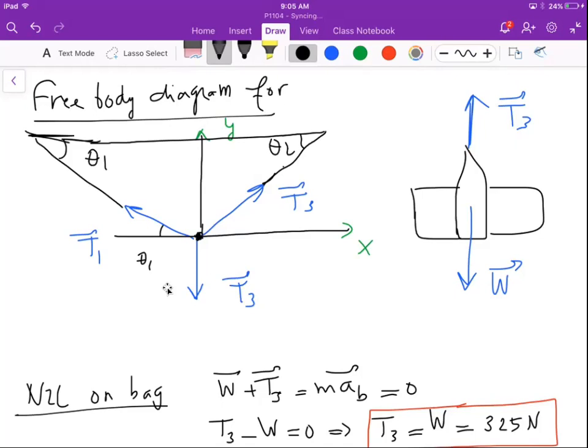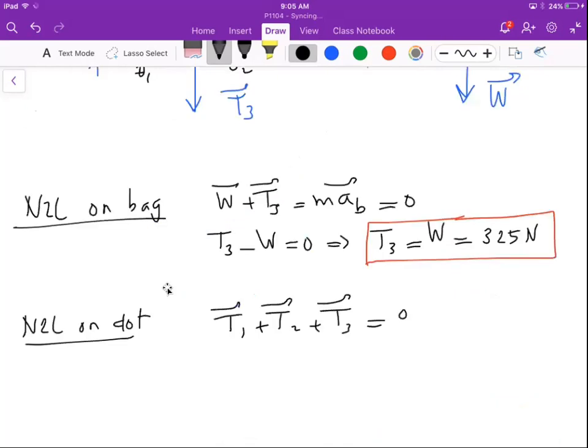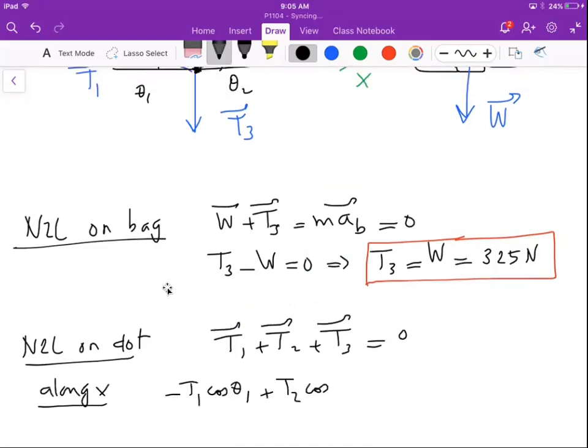On the dot what do we have? Let's say along the x-axis. Along the x-axis, what do we have? T1 is opposite to the direction of x, making an angle theta 1 with x. So minus T1 cosine theta 1 plus T2 cosine theta 2, right? That is equal to 0, because in both cases the acceleration is equal to 0.